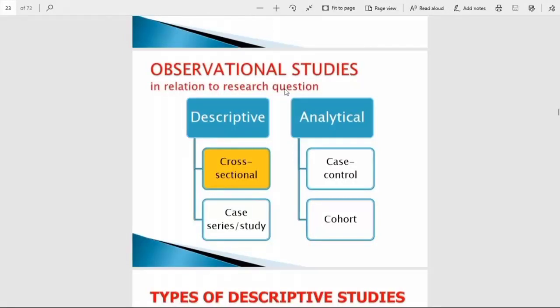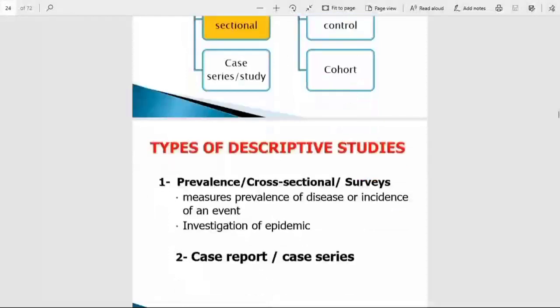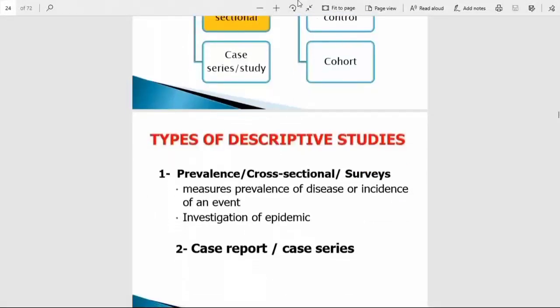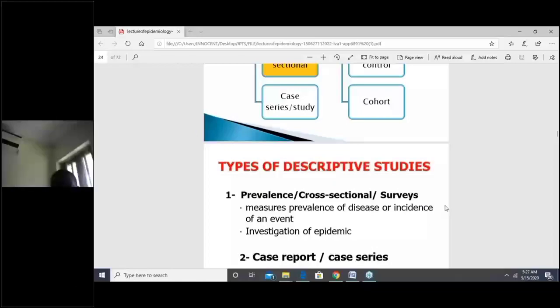Then we're going to look at types of descriptive studies. We have prevalence studies, which is the same thing as cross-sectional studies and surveys.